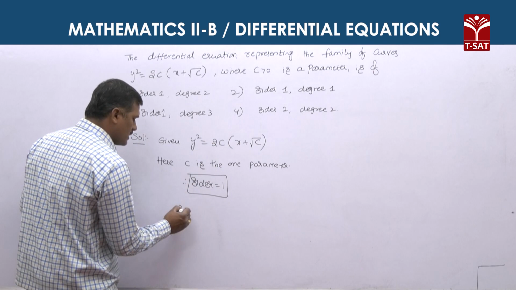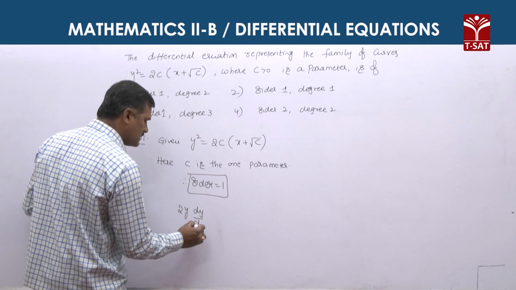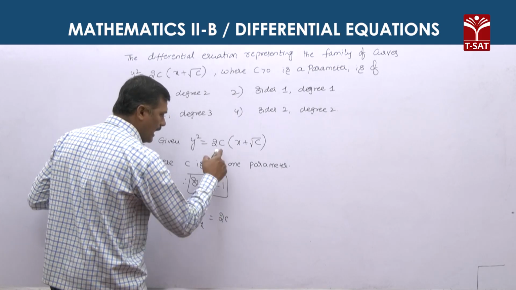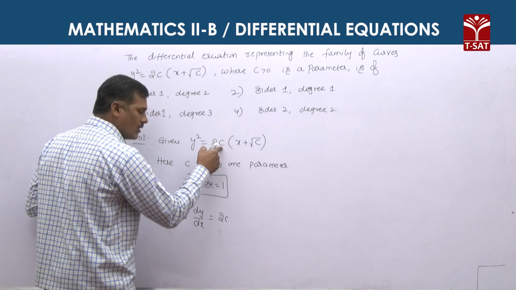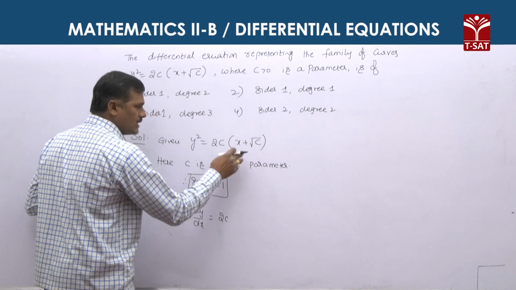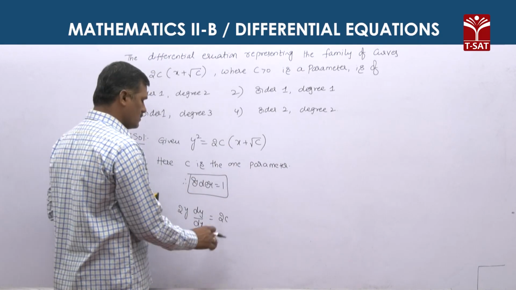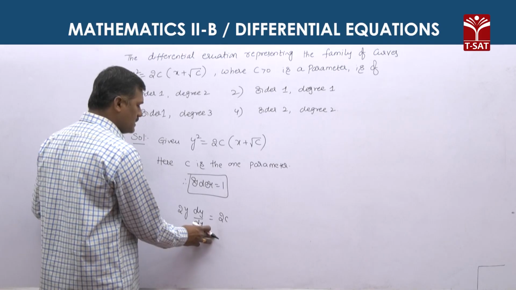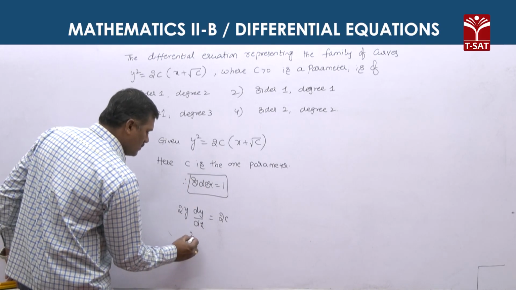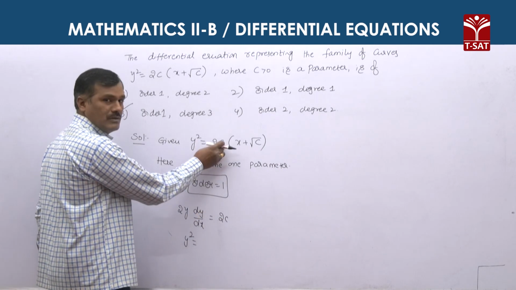the above equation. Derivative of y square is 2y into dy by dx, equal to 2c into x, 2c constant, x derivative 1, plus 2c into root c, total it is constant, derivative of the constant is 0, so 2c. Now substitute this value in the above equation, y square is equal to, don't cancel 2 because the 2c term is there.